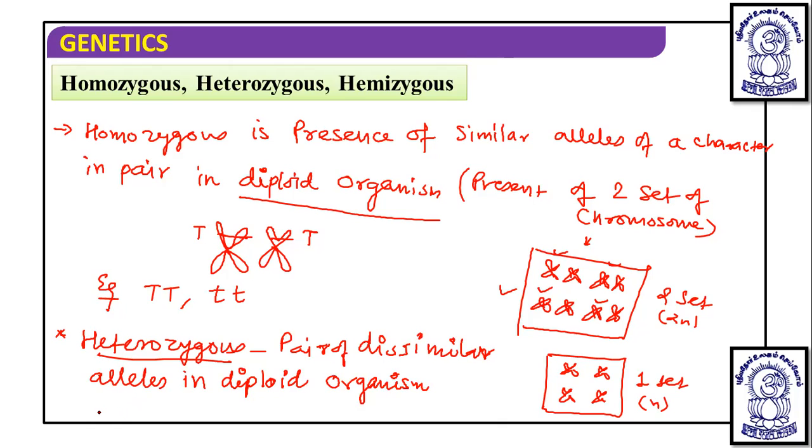Okay, so it is a 2n condition, and if we write an example, then it is the capital T small t condition. That is the heterozygous condition.